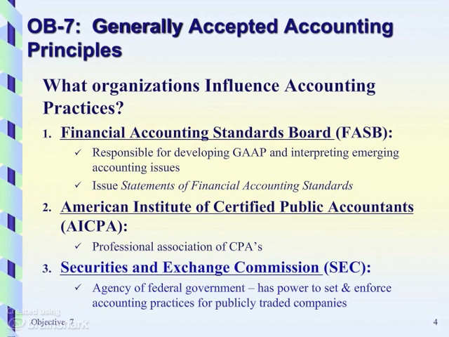The third entity is the Securities and Exchange Commission, an agency of the federal government. It has the power to set and enforce accounting practices for publicly traded companies. So any publicly traded company must follow whatever laws or rules are established by the Securities and Exchange Commission.